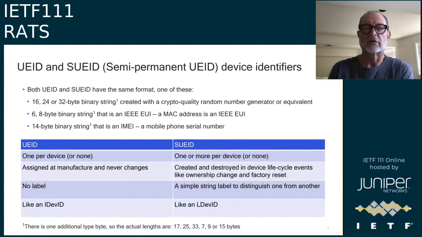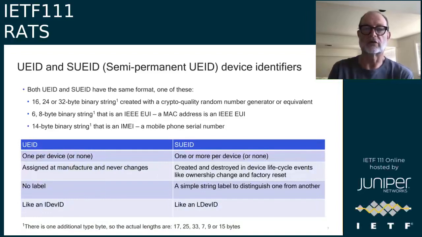So UEID is defined today as a binary byte string, and there are 3 ways for constructing it. One is using a crypto quality random number generator, once when the device is created, or in a very similar way, hashing together a bunch of things that give you the equivalent result.